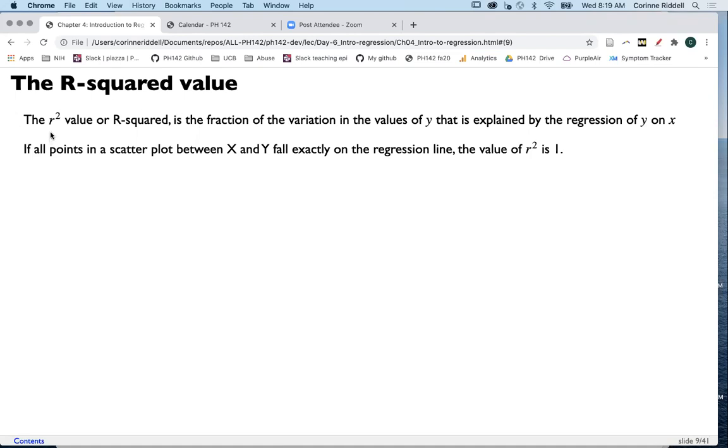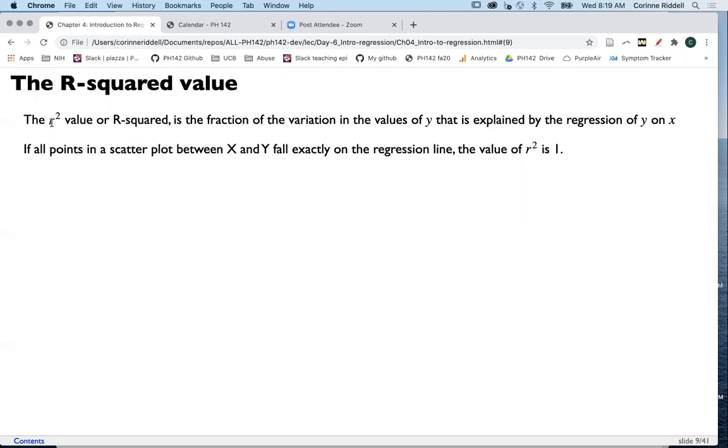So this R squared will vary between 0 and 1, by the way it's presented. So you'll have an R squared value of say 0.43. And so that will say that 43% of the variation in Y is explained by changes in X.